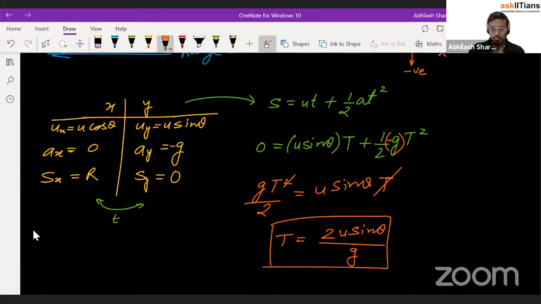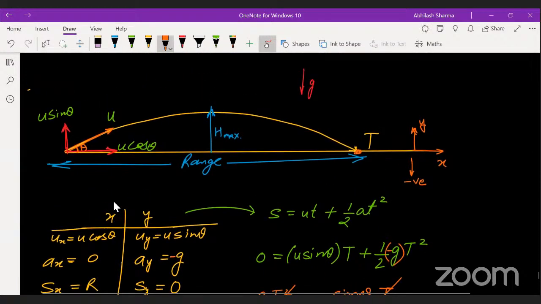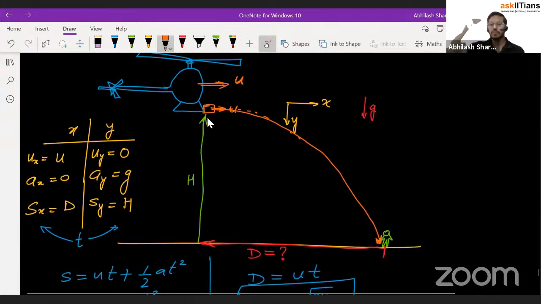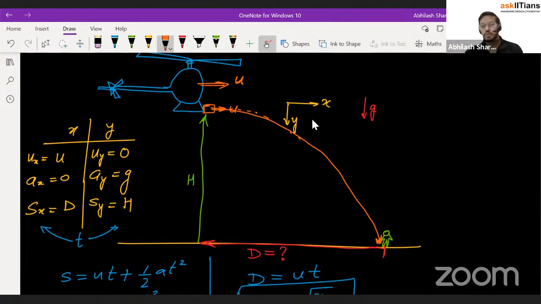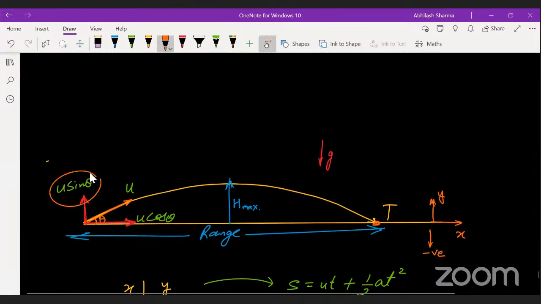So why did we take gravitation negative here, and why didn't we take it negative in the before questions, first and the second? Before, we didn't take it because there was no speed in y. So I took downward as positive. Now here what happened? There was a speed in y. Do you see that?